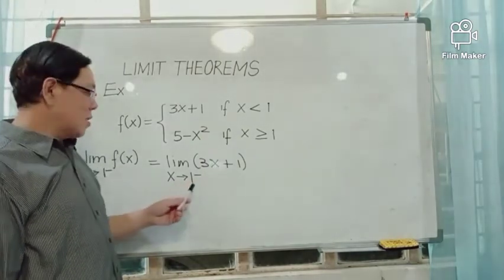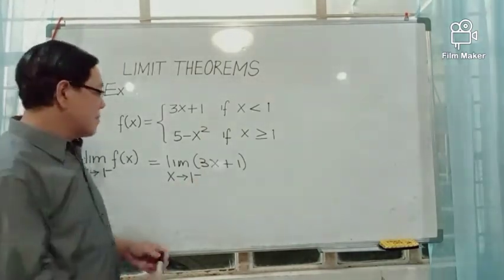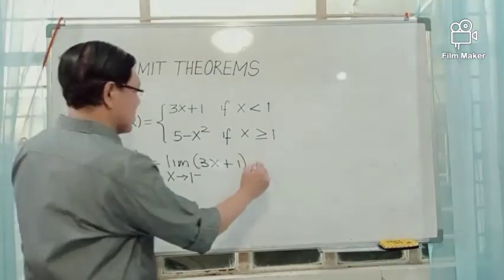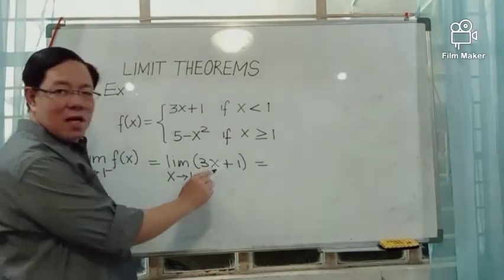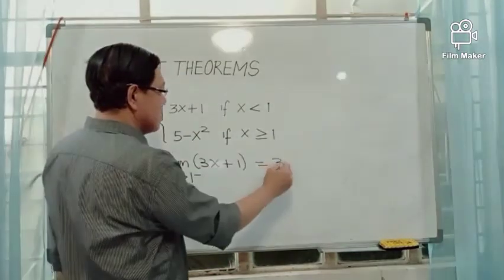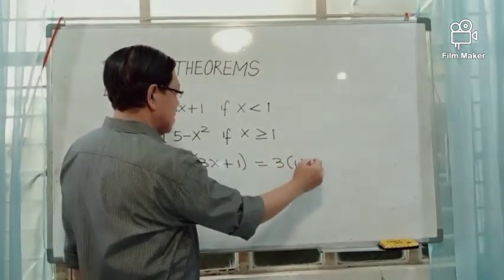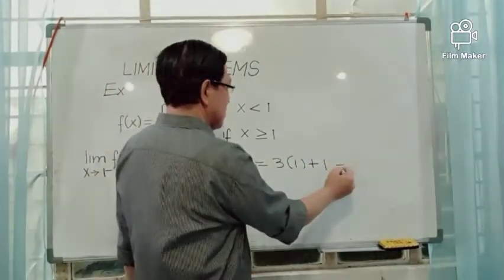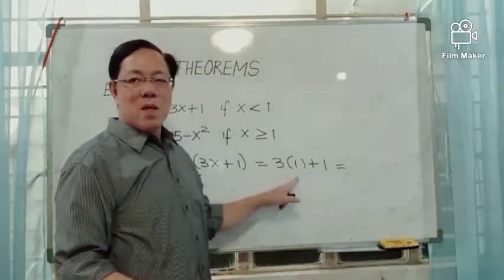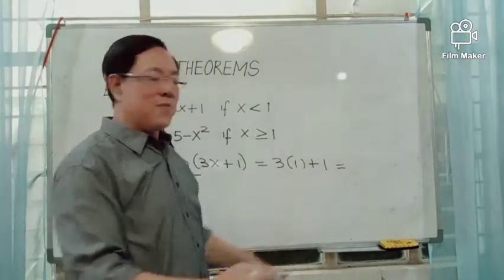Replace x with 1, and we get 3 multiplied by 1 plus 1 equals 3 plus 1 is 4.